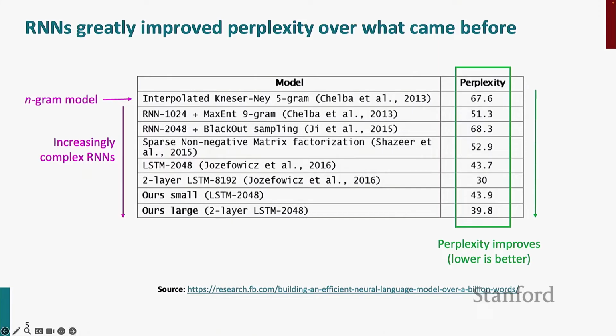The cleverest method known for smoothing n-gram language models was interpolated Kneser-Ney smoothing. For a big language model using that, the perplexity was about 67, which in some sense means you weren't very good at predicting the next word. But that had actually been enormous progress.